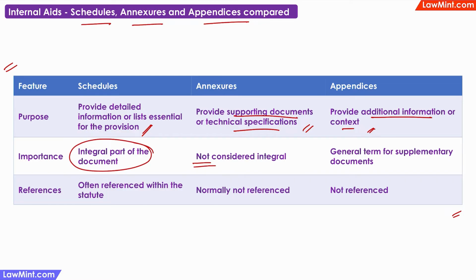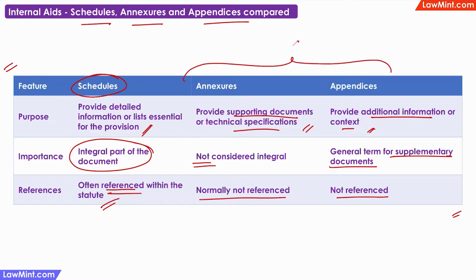Annexures are not integral, and appendices are mostly supplementary information only. Schedules are normally referenced in the section or in the provision, like Article 256 of the Constitution references the 7th schedule of the Constitution. Annexures and appendices are normally not referenced. So we can say that schedules are important in the interpretation of statutes, whereas annexures and appendices are not so important.